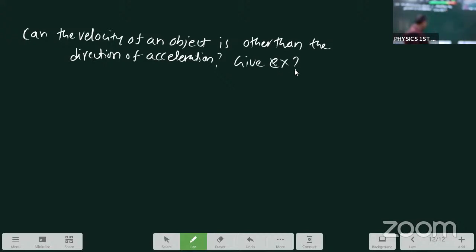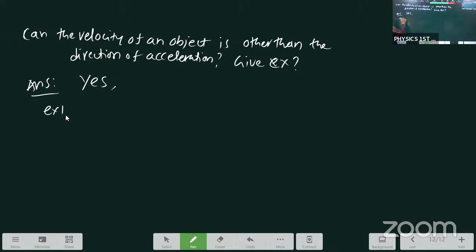Velocity direction and acceleration direction, both are different. Other than, meaning the answer starts from yes. The answer is yes onwards: the direction of velocity and the direction of acceleration are different. Possible. Yes.